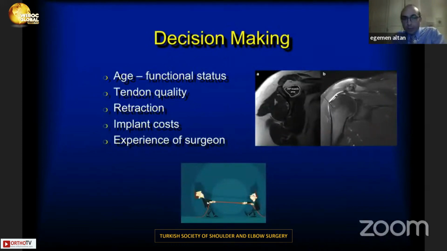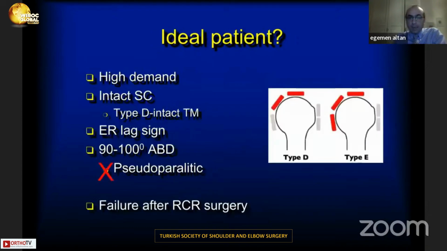While making a decision, age, tendon quality, retraction, implant cost, and experience of the surgeon are really important. After these evaluations, MRIs, X-rays, we need to consider these things. What about the ideal patient? We can give an answer to this question.